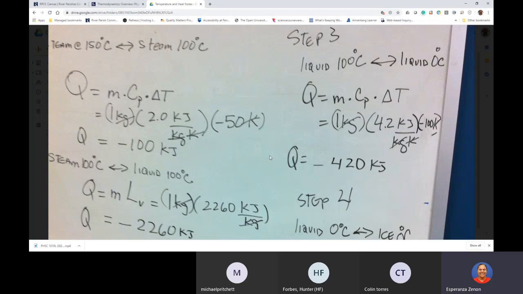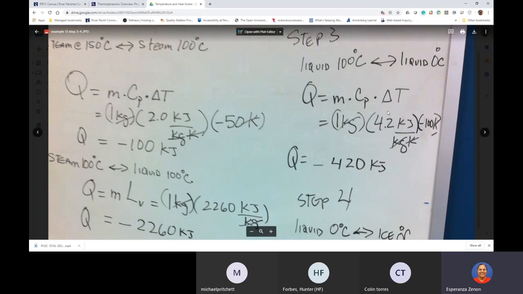So in this particular step, we are not changing the phase, but we are dropping the temperature. So we go back to our specific heat transfer formula. So let's substitute in. The mass is 1 kilogram. They gave us CP for liquid, 4.2 kilojoules per kilogram Kelvin. And we know we're dropping the temperature by 100 Kelvin.